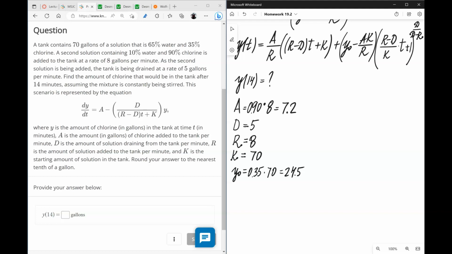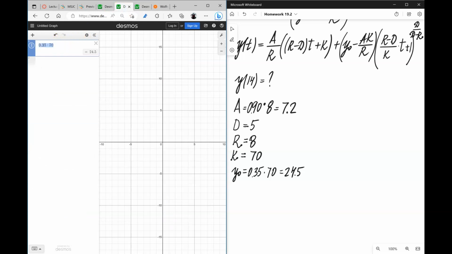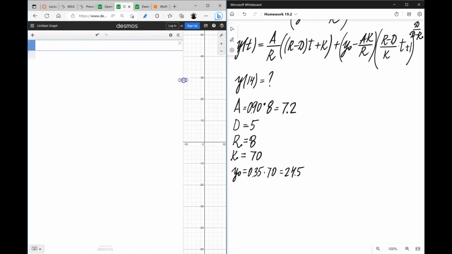Now we have all the ingredients, so let's go ahead and type up this formula. And again, I'm only doing this just for fun, because otherwise it would be a pretty boring problem.